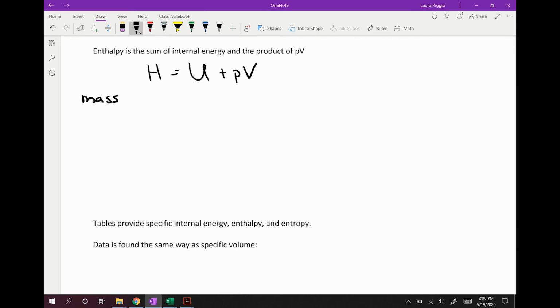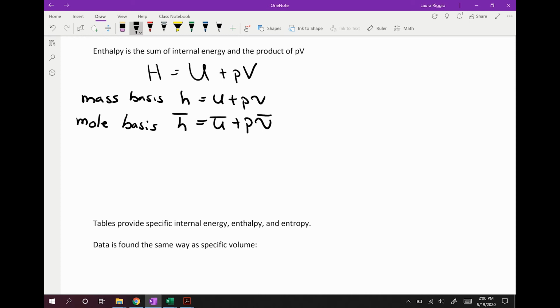You can have enthalpy on a mass basis, so your specific enthalpy would be your specific internal energy plus your pressure times your specific volume. You can also have it on a mole basis, where your molar specific enthalpy is your molar specific internal energy plus pressure times your molar specific volume.